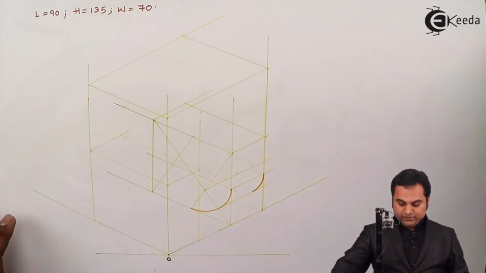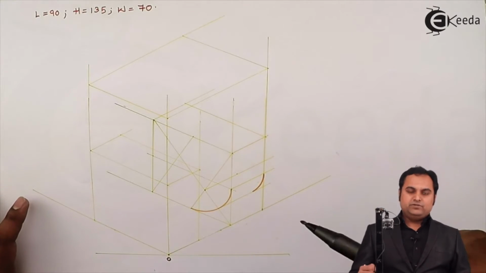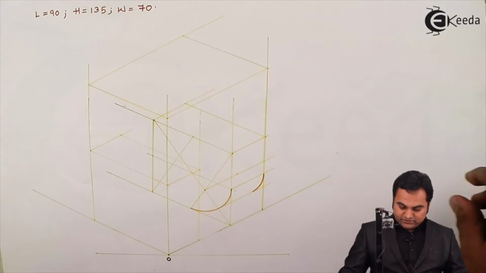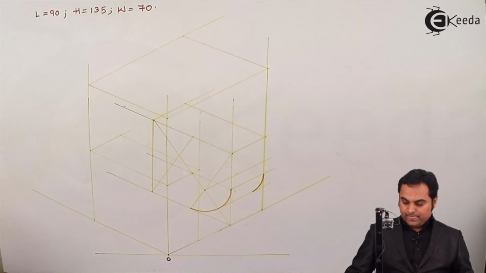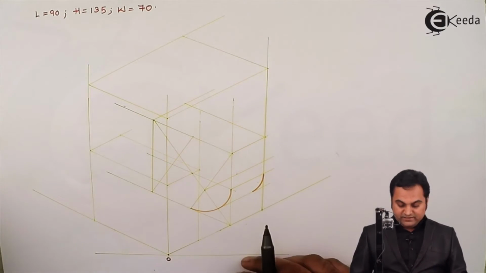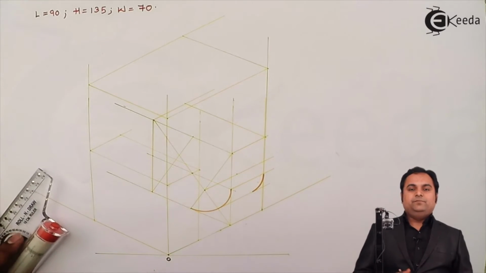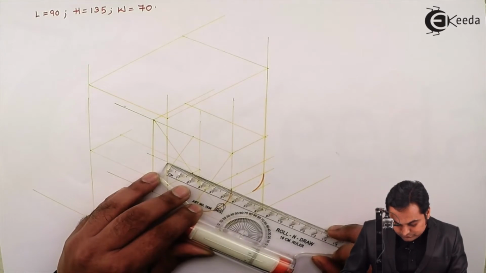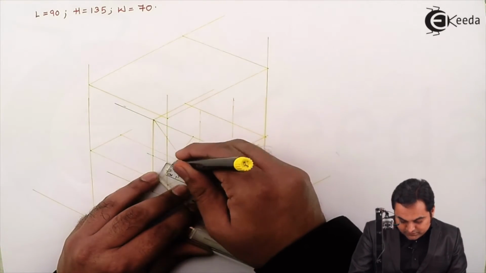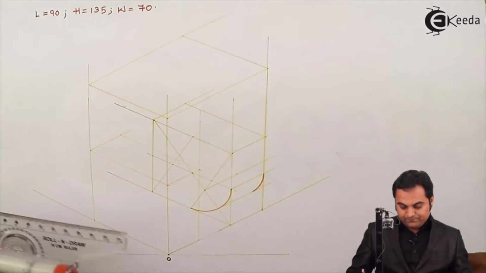So now I would be drawing a parallelogram having sides of 35. For that, first I'll mark the center of the parallelogram, which is exactly here. Next, for 35 mm sides, I'll have to take 17.5 on one side, 17.5 on the other side. So this gives me 35 mm.